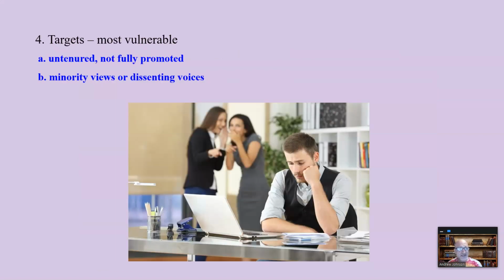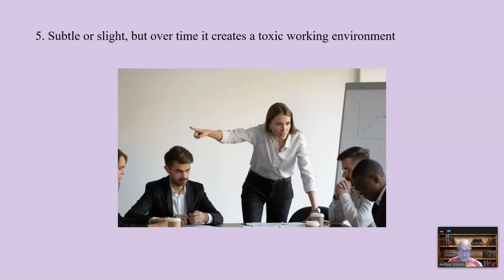And the targets are usually those faculty or those workers who are most vulnerable. At the college level, those faculty who are untenured, not fully promoted, or those holding minority or dissenting views. Just like microaggression, soft bullying can be subtle or slight, but over time it creates a toxic work environment that has physical and psychological impacts.